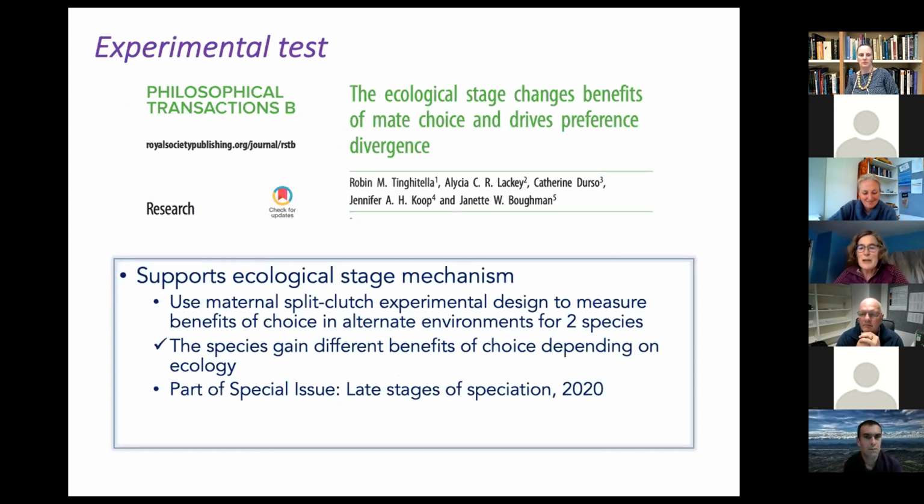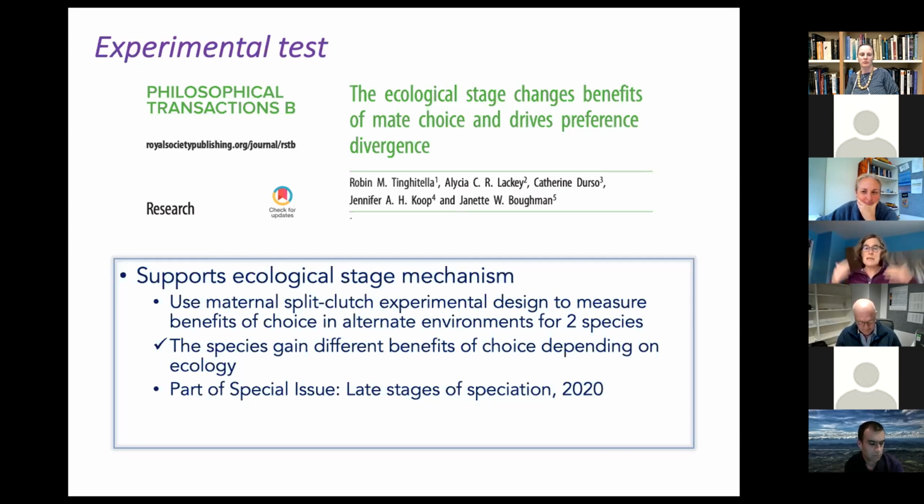My lab group has recently published an experimental test of this idea. In that experiment, we used a split clutch experimental design. We measured a whole lot of fitness components. And what we were doing was testing the prediction from the ecological stage model that the benefits that females experience from choosing preferred and non-preferred males in two different environments are also different.